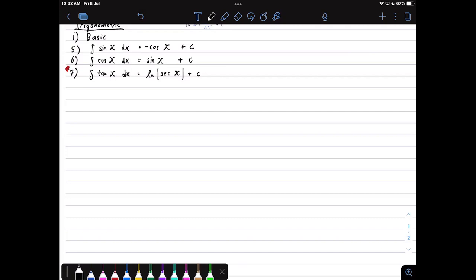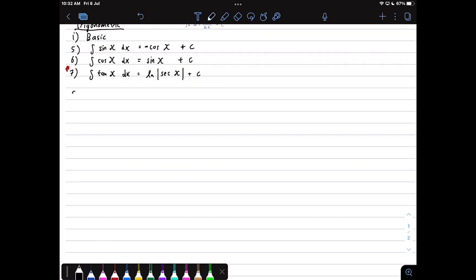No. Those that don't have an asterisk must memorize. Those that have an asterisk are in the MF26. Yes, correct. On page 4, look, integral of tangent x, you get ln of secant x. But actually it should be a modulus. Okay, let's move on.